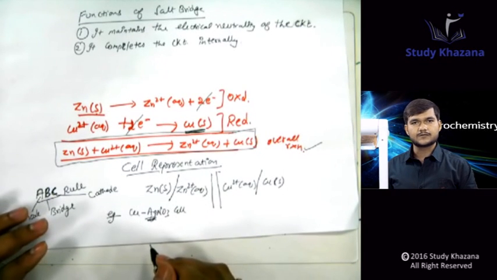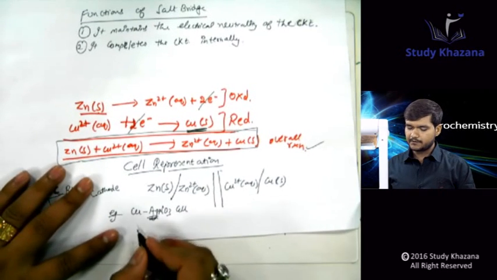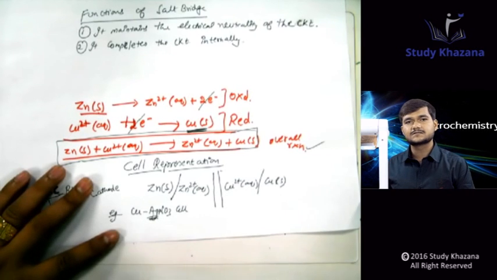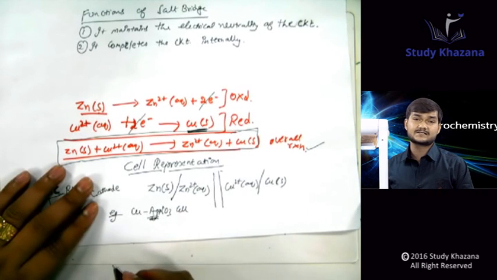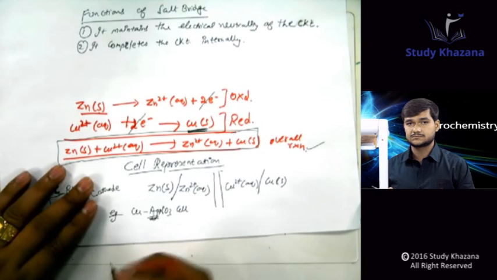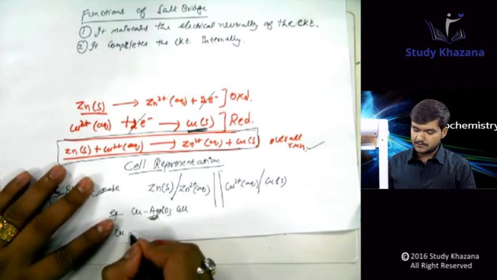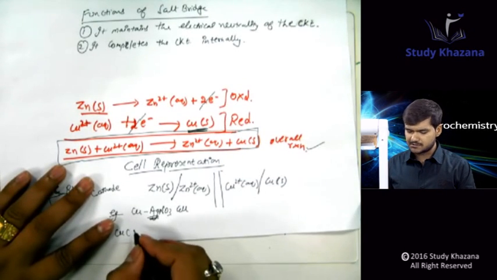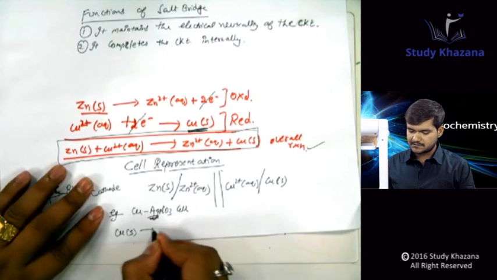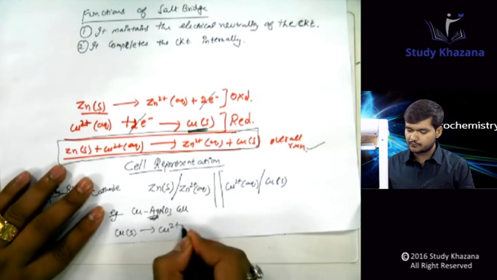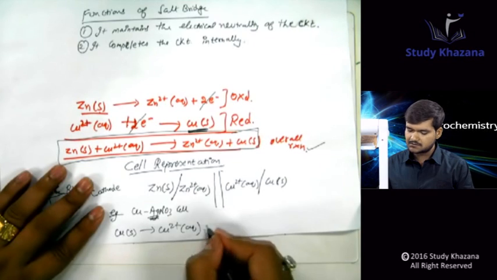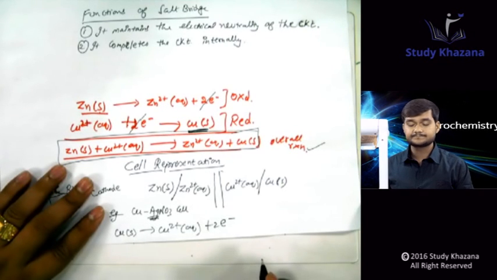Now if I write the cellular representation, you already know the copper, if it is at the anode, it will lose electrons. So if I write the equations for you first, copper solid will go into the solution to become Cu2+ aqueous plus 2 electrons.